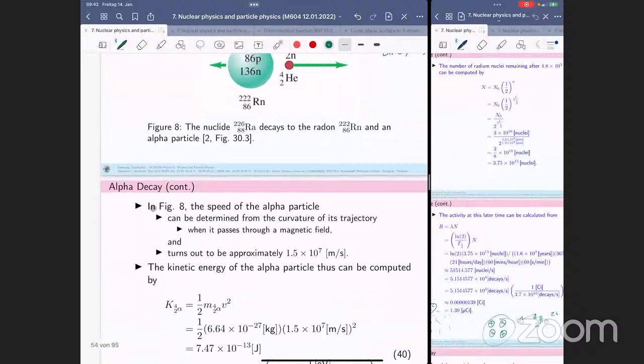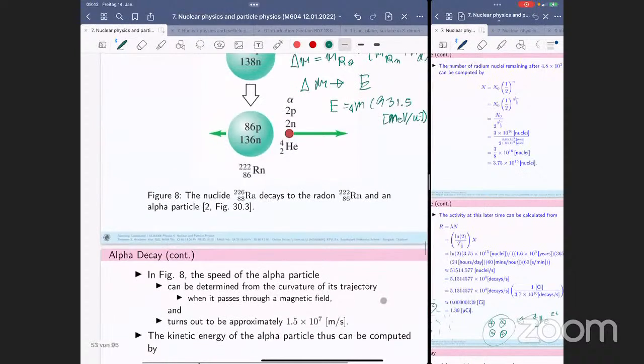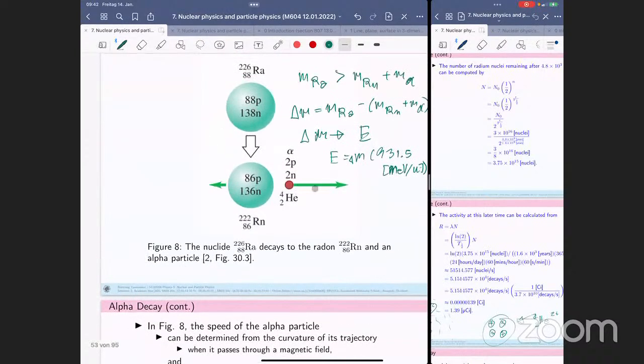In figure 8, the speed of the alpha particle can be determined from the curvature of its trajectory. Of course, you know that these 2 particles have no electron at all, and both will have a positive charge.